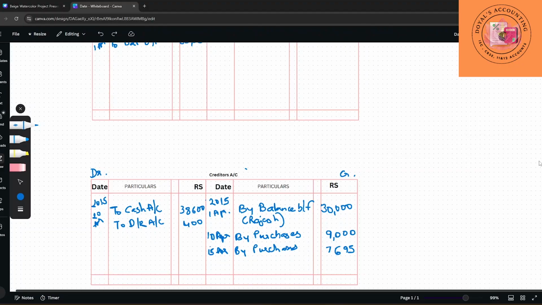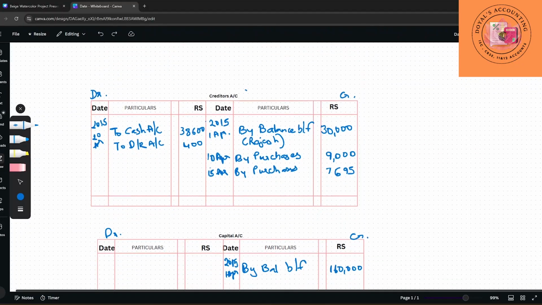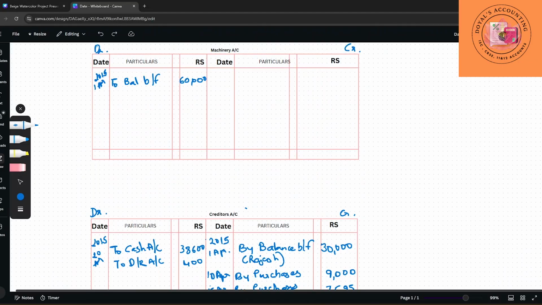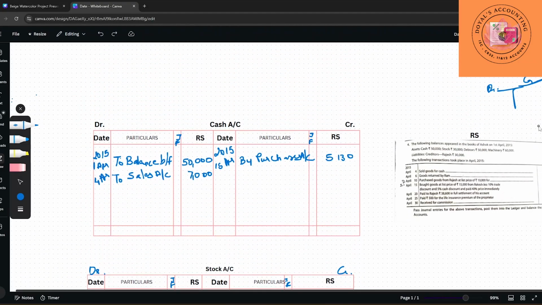Let's go to discount received account. Discount received is again on the credit side. But this time I will write by creditors account. By creditors I mean Rajesh. 400. And next entry will be in my cash account.